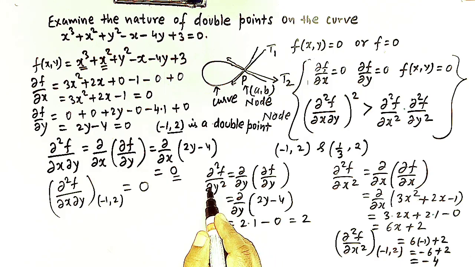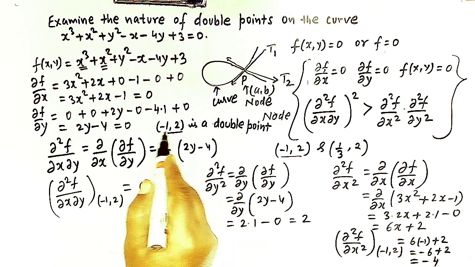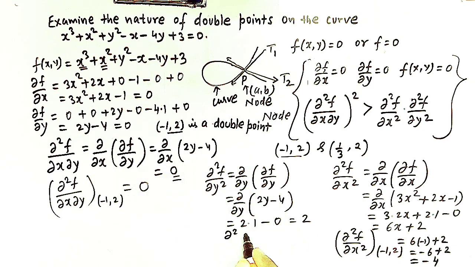So the value of the second order partial derivative with respect to y at this point, that is at the double point, del square f over del y square at minus 1 comma 2, is equal to 2, because this doesn't contain any x or y, right?